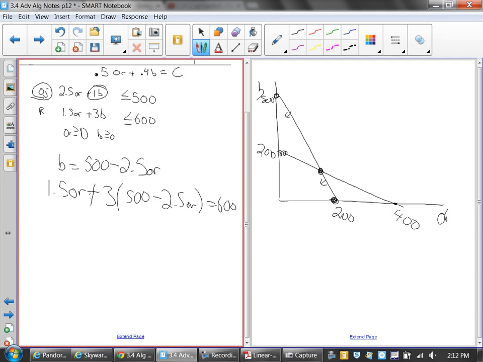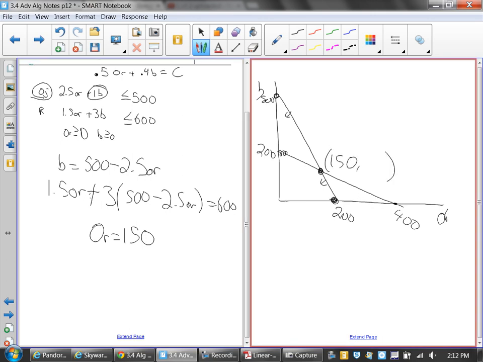When you do that, you get orange is going to be 150. So that is the first part of this ordered pair. When you substitute back in, you get 125.